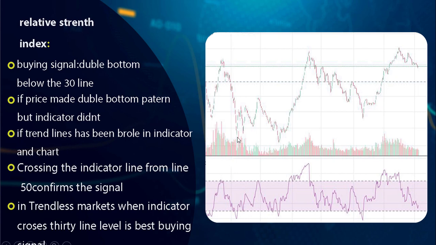But in the charts we have the same level. We have a double bottom level and point, but in the indicator we don't have a double bottom, and if we connect these two points, we can see we have a line that shows an upward movement.